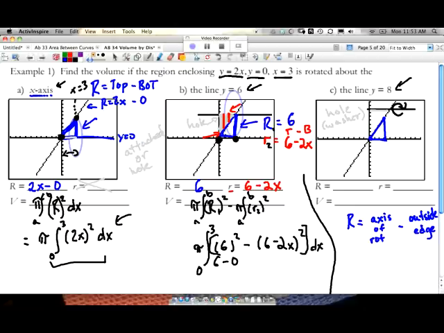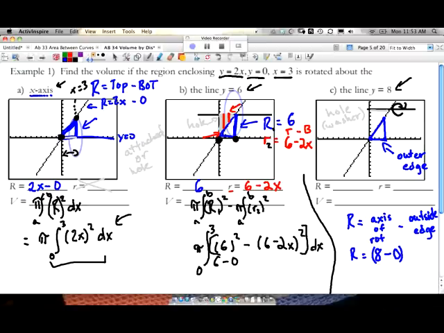So what's my outside edge here? There's my outside edge, outer edge. And up here, this black line at y equals 8, that's my axis of rotation. So I'm going to have 8 minus the outside edge, which is really just y equals 0. So that's my big R.